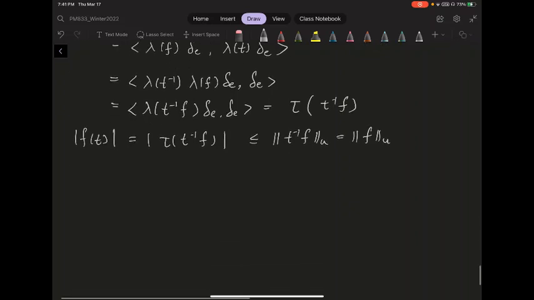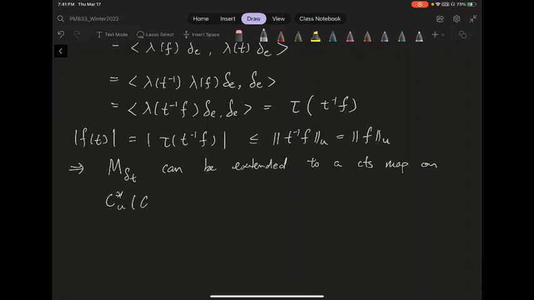So in other words, my M of delta T can be extended to a continuous map on the universal C star algebra, on the C star U of G, okay. So for each one of them, I can do that.